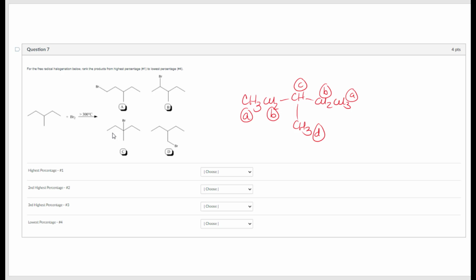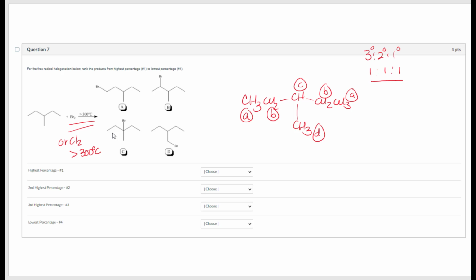Only in this case, what I'm going to do now is bromination or chlorination, either one, at greater than 300 degrees Celsius. What happens there is that the tertiary to secondary to primary selectivities are now 1 to 1 to 1. So in other words, the product's going to be based totally on which product comes from the most number of hydrogens.